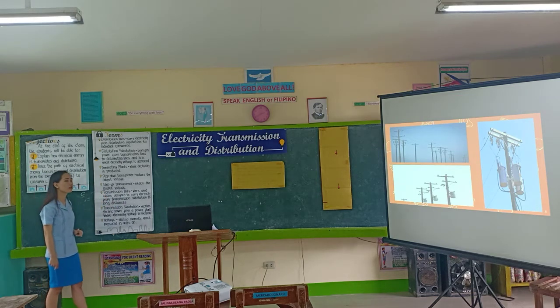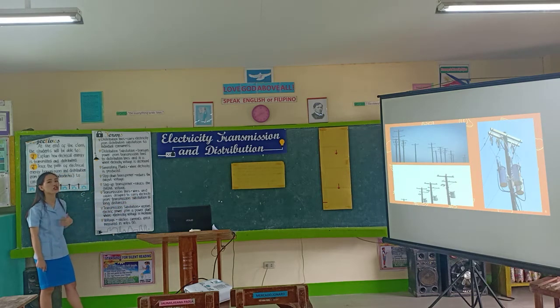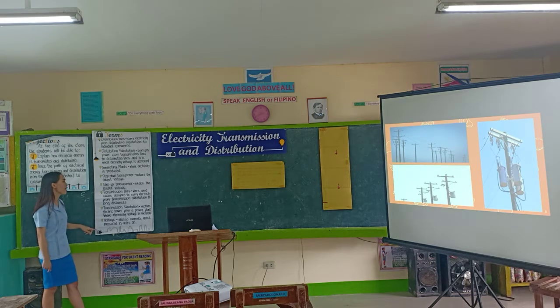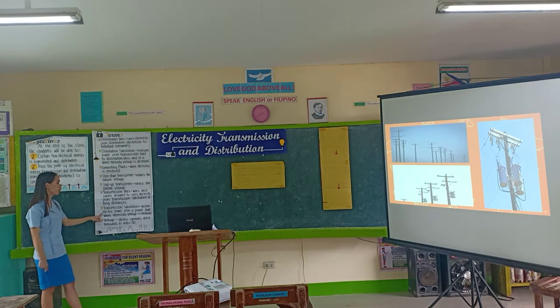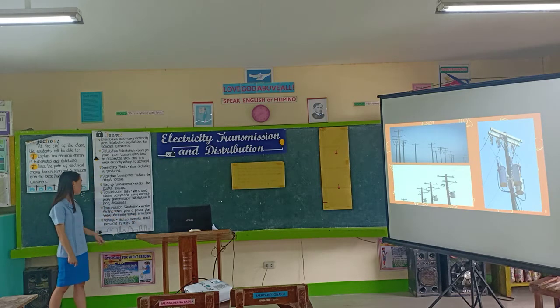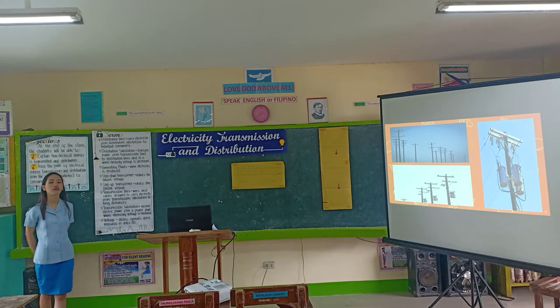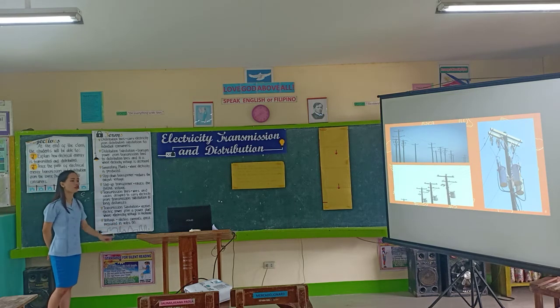Next term, transmission lines, wires and cables designed to carry electricity from the transmission substation. The transmission substation receives electric power from a power plant, where electricity voltage is increased. And the last term, voltage, the electric current force measured in volts.